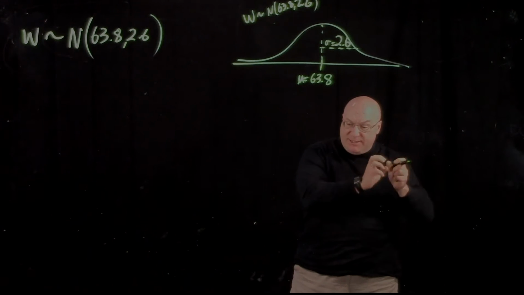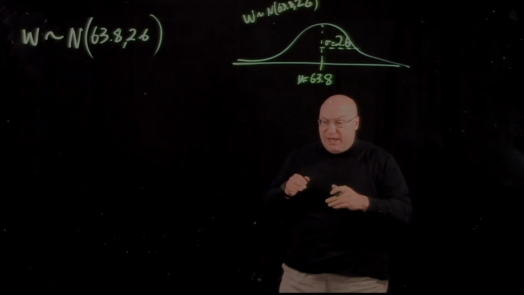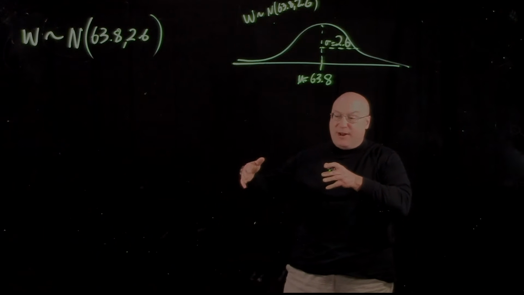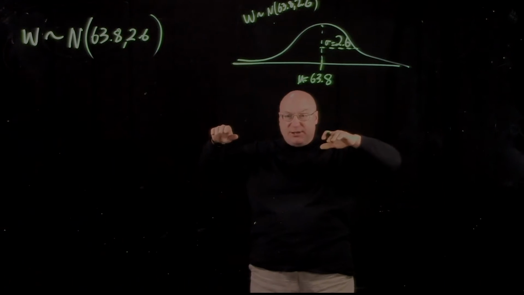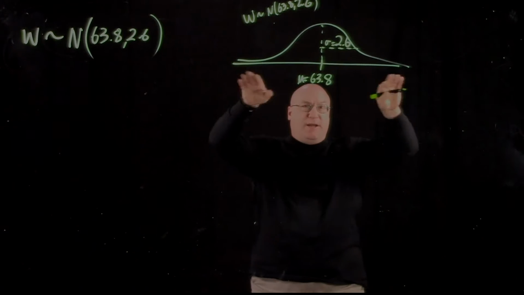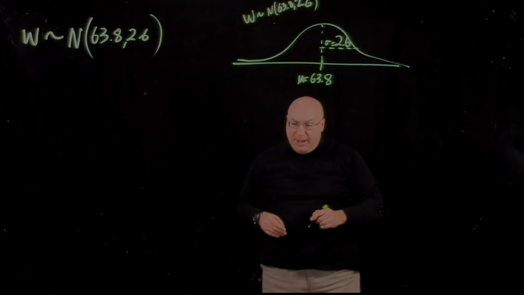I kept grabbing data points out of that population and sticking them where they belonged in the relative frequency histogram. And the result was, when we did it essentially for the whole population, we got this normal curve, right?